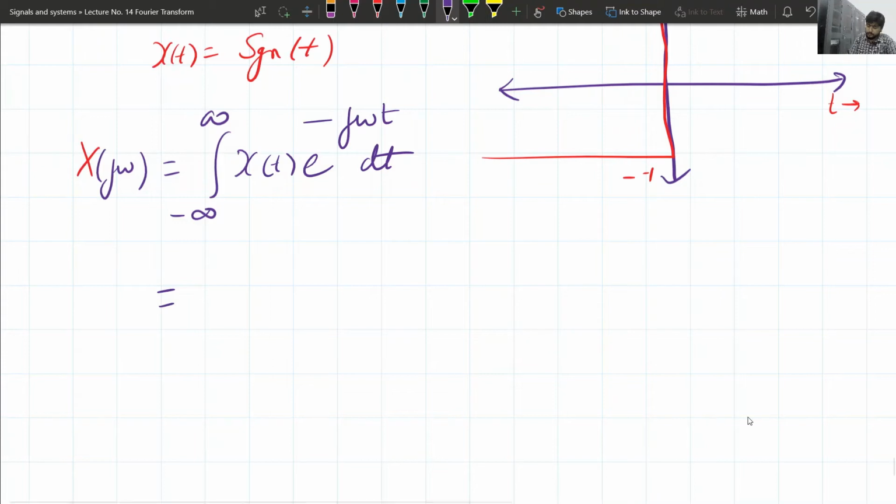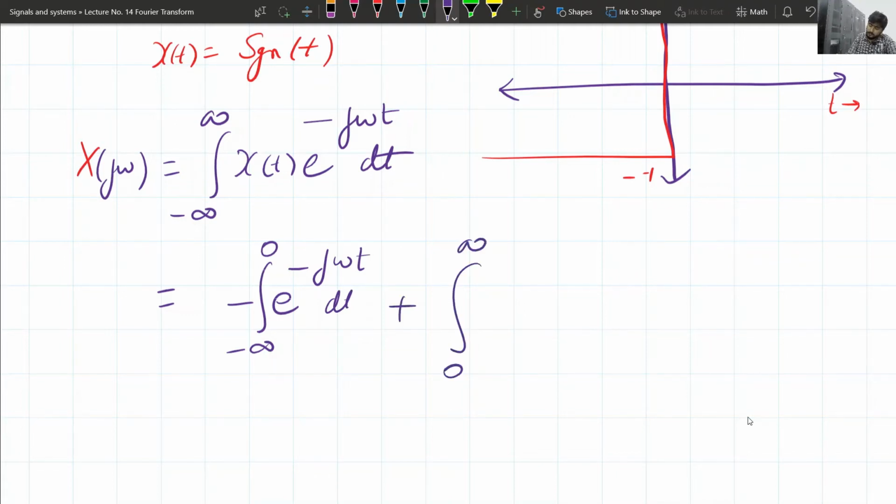So its value is minus 1 from minus infinity to 0, integrating e to the power minus j omega t dt, plus for 0 to infinity, its value will be plus 1.